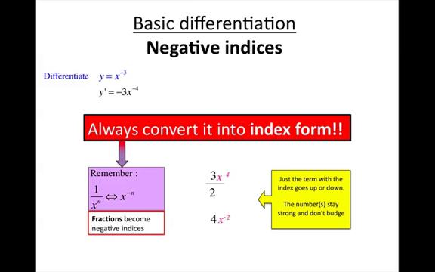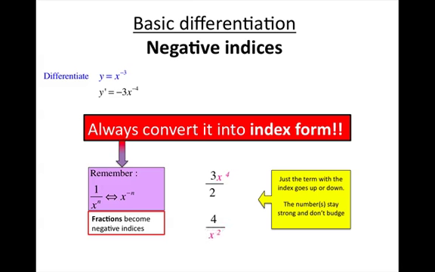So another example, 4x to the negative 2. Now this is working backwards, so we want to get rid of the negative index and put it into a fraction, because you need to be able to go back and forth. So what will happen is the 4 stays strong. It's just going to be the x to the negative 2, or the x to the 2, that goes up and down and gives or takes away that negative.